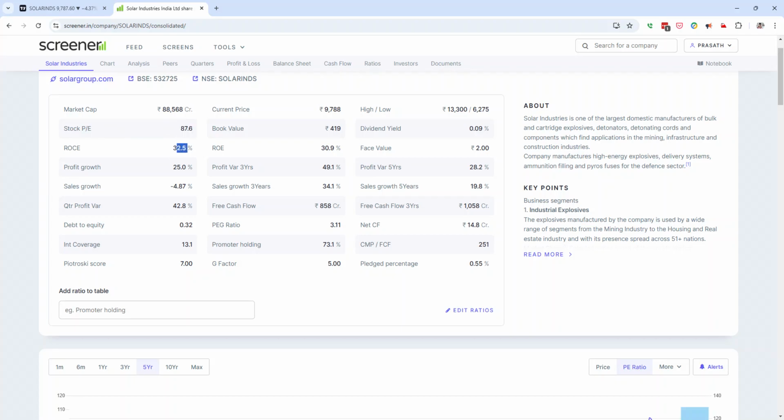ROCE is very good. ROE is good. Profit growth is also good. Sales growth is negative, which is something I have concern about. Debt to equity is good. Interest coverage is good. PEG ratio is a little on the higher side. Promoter holding is 73 percent, and promoter pledge is insignificant.